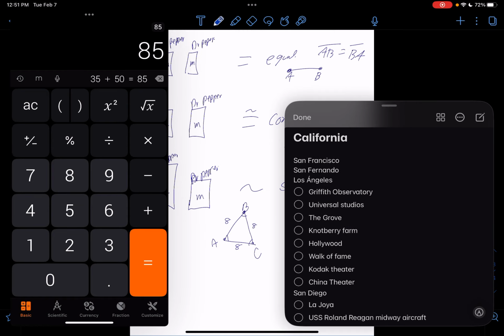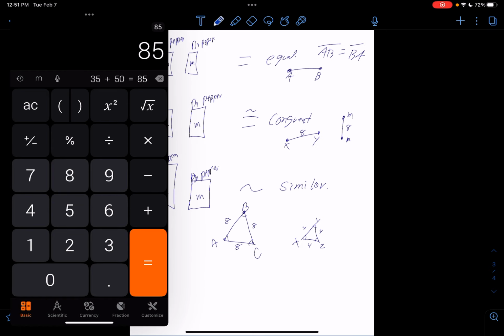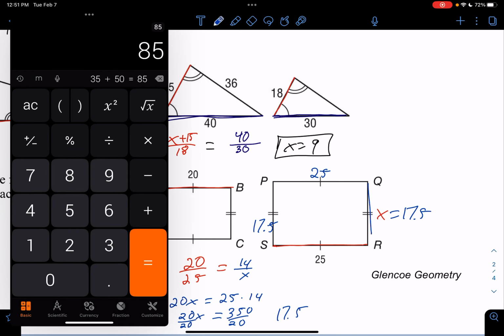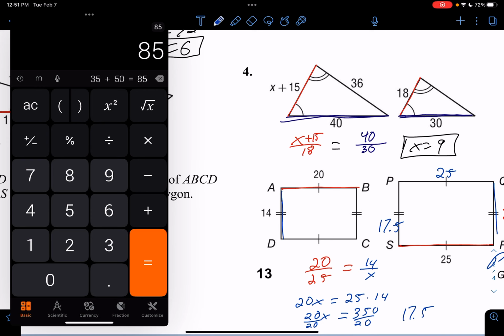Well, for the other one, 20 plus 20, that will be 40, and 14 plus 14, that will be 28. So 28 plus 40 equals 68. So the perimeter over here is 68.